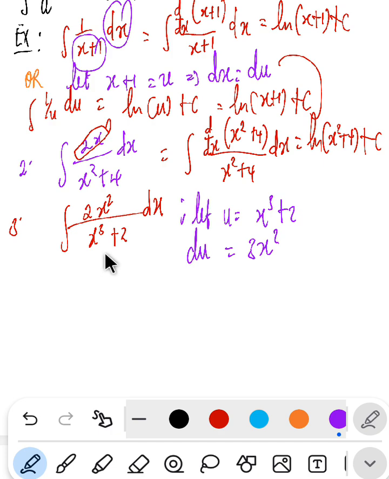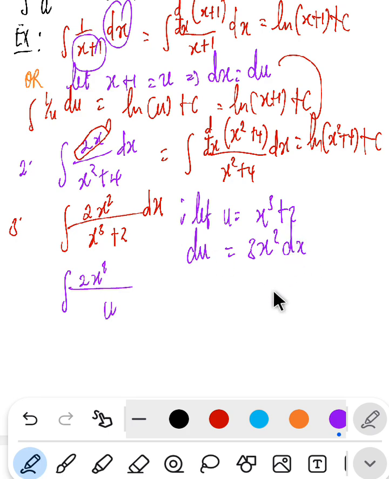What do we notice here is that if you look at the numerator, we have 2x squared, but if we differentiate the denominator, we have 3x squared. You don't have a problem, we can actually fix this. So we're going to write this as the integral of 2x squared over u, and don't forget the dx.